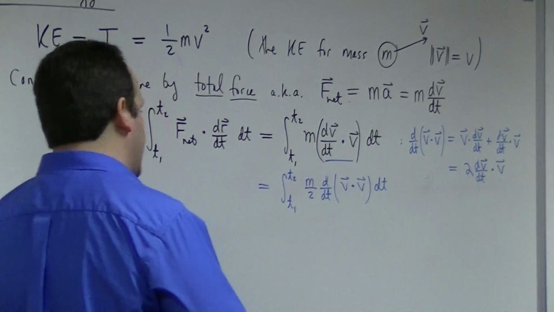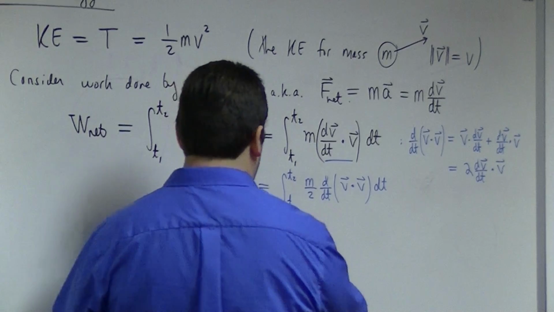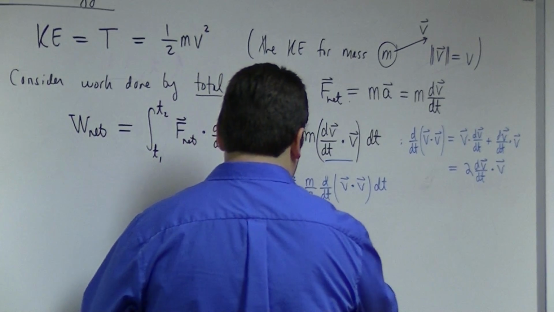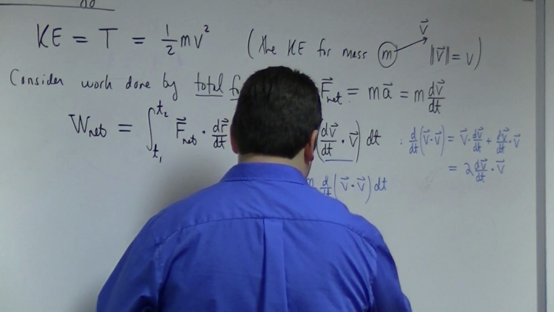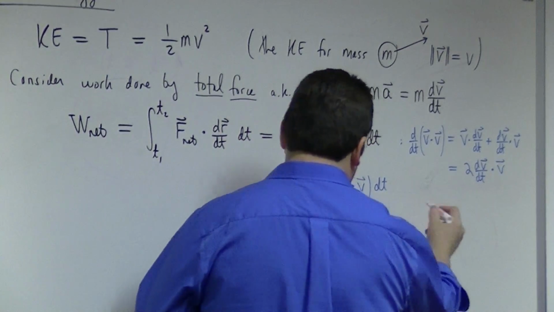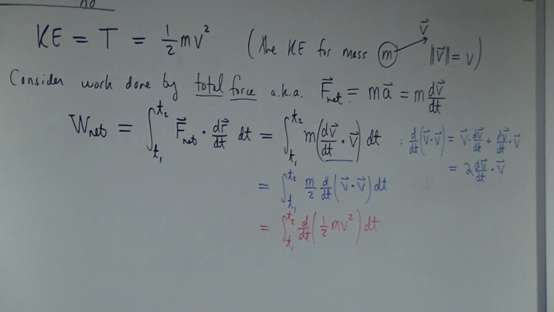Or one more step just to clean it up: this can also be rewritten as the integral from t1 to t2 of the derivative of the quantity 1/2 mv squared dt, because v dot v is v squared. Any vector dotted with itself is the length of the vector squared. That's true for velocity as it's true for anything.